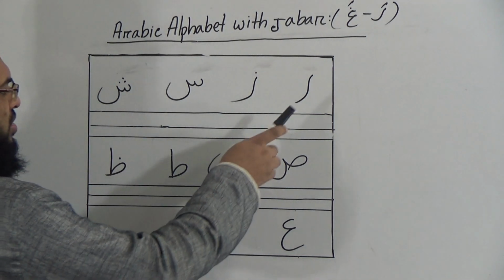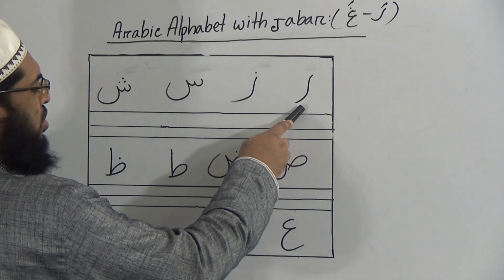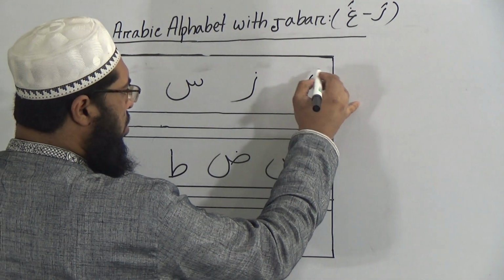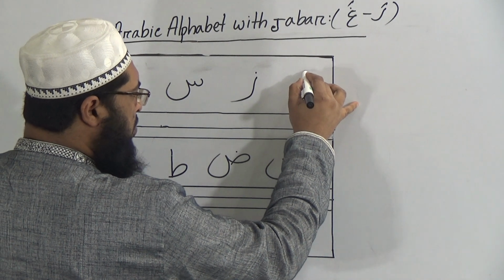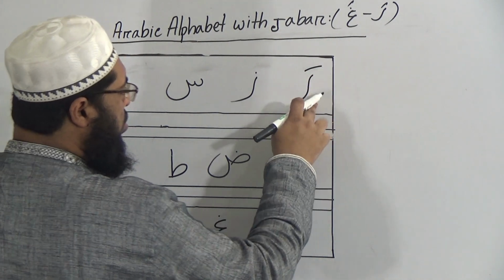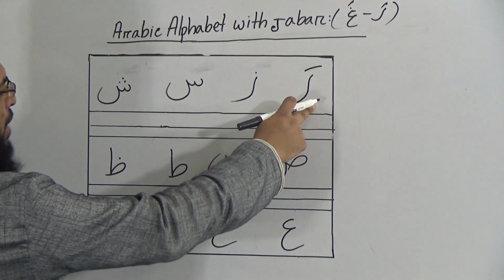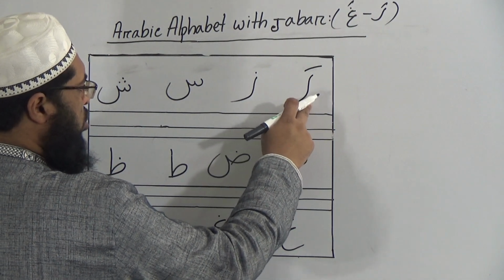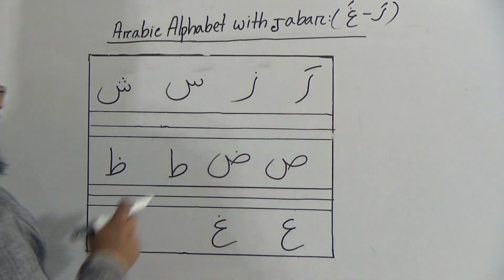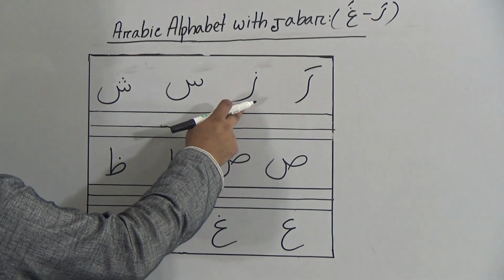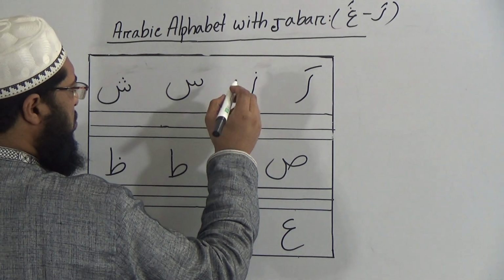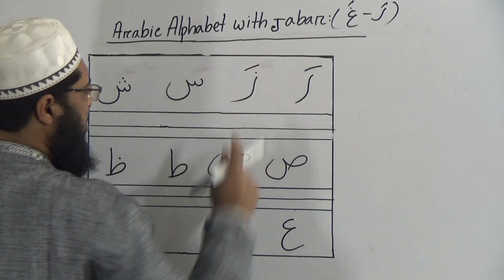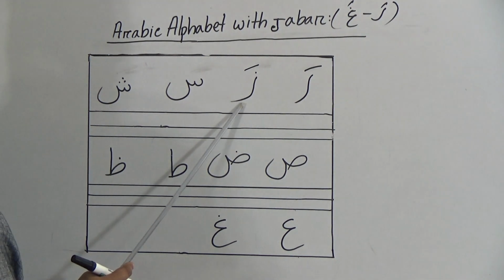We know that this alphabet name is Ra. We have to put a Jabar over the Ra. This is Ra Zabar Ra, and we have to pronounce it Ra Zabar Ra. Then this is Za. We put a Jabar over the Za, and this is Za Zabar Za.